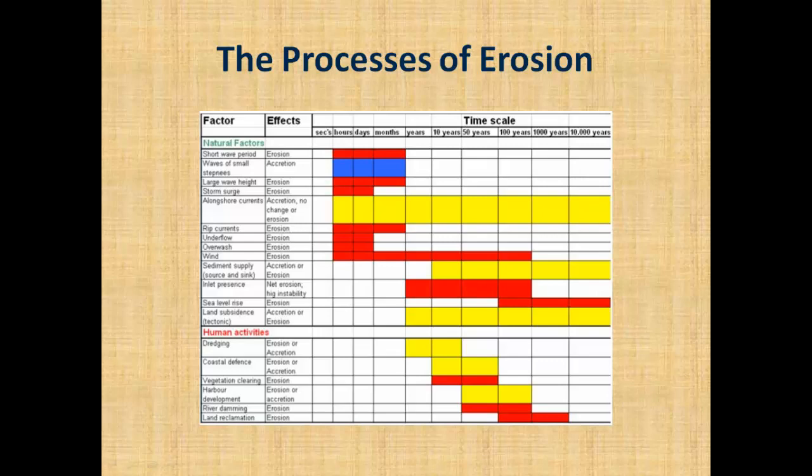Sand and coral mining also causes a sediment deficit. So as the coastline naturally erodes, the more mining of coral and sand gives us less of a supply to put back on the coast.